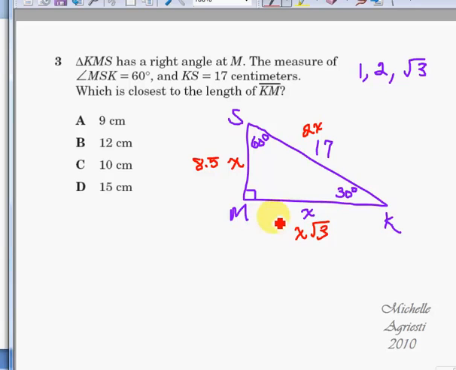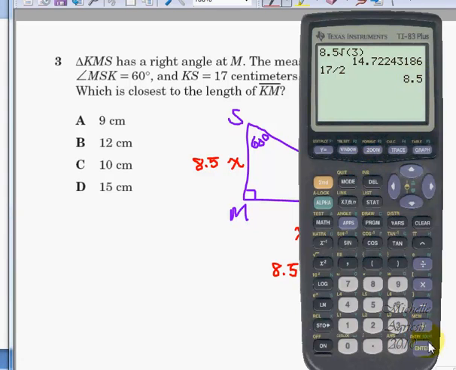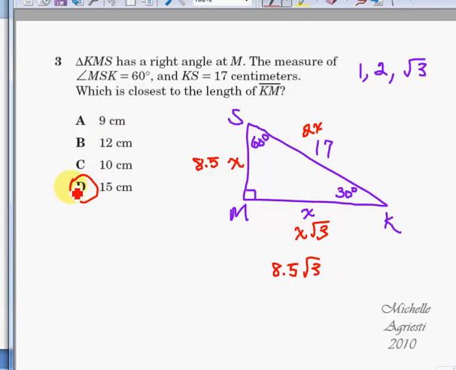And so this one is going to be 8.5 times the square root of 3. We'll use calculator again for that. So we'll just hit times since it's already in there. The previous answer times the square root of 3, which is 14.7. And the closest to that is going to be D. So formula chart really helps out.